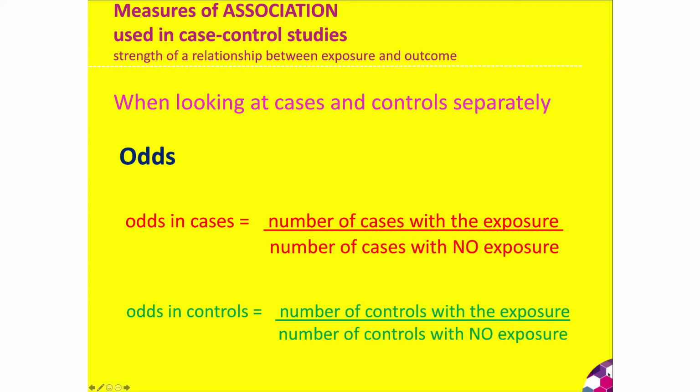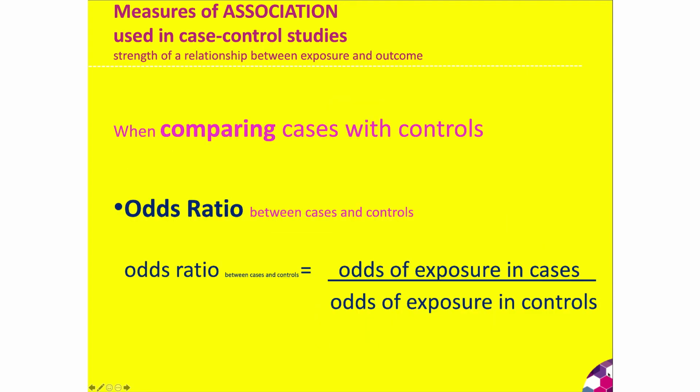So the odds is the number of cases with the exposure divided by the number of cases without the exposure, and the same happens in the controls: number of controls with the exposure divided by the number of controls without the exposure. And then when we want to compare cases and controls, which is the more important thing we want to do, we want to find the odds ratio between the cases and controls.